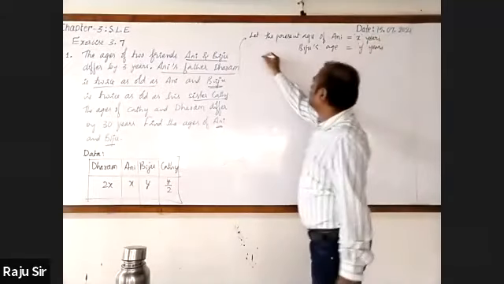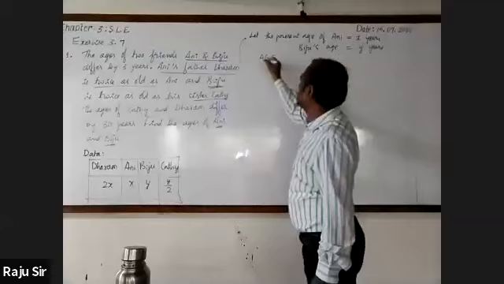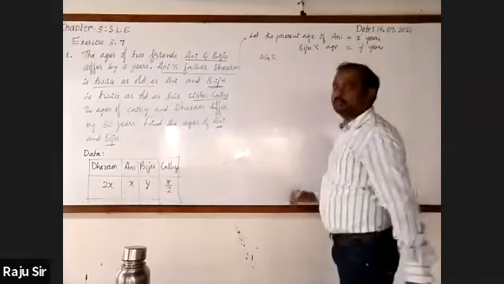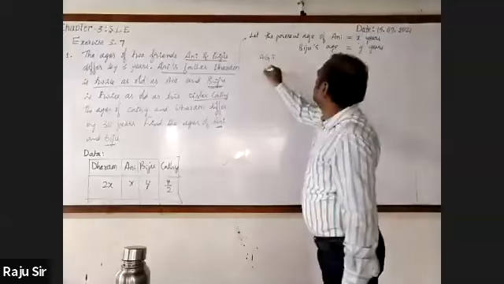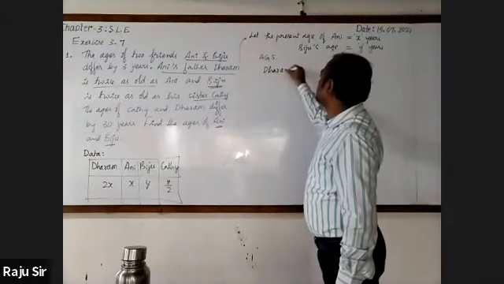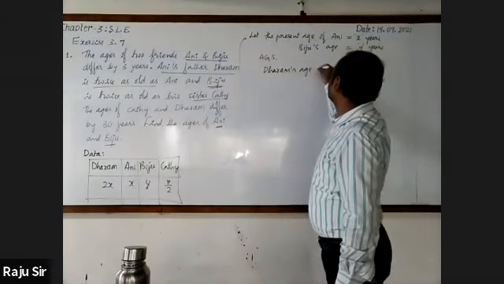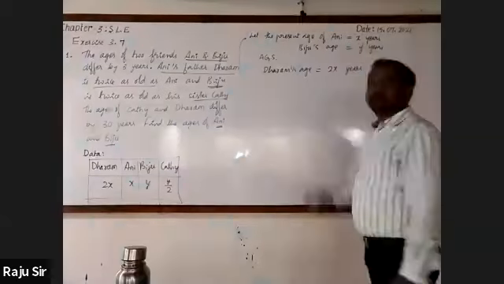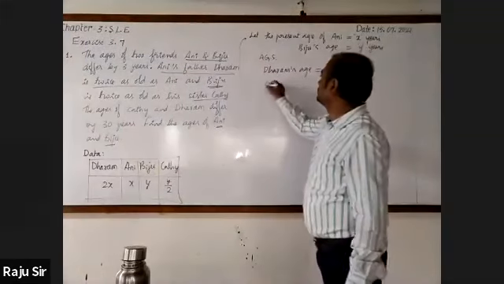Then according to the given statement, Dharam's age is twice that of Ani. Hence, we can write Dharam's age as 2x years.